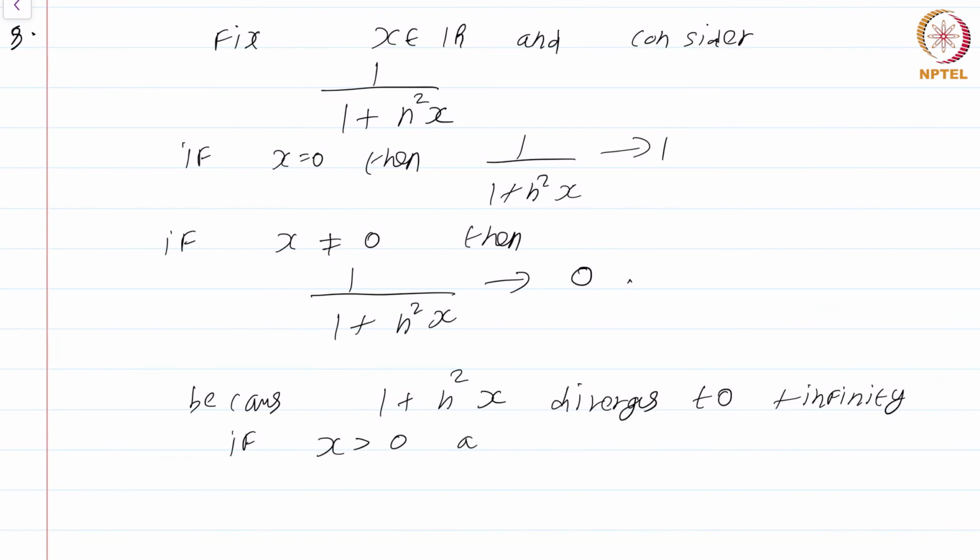And, well, I have not formally defined what diverges to minus infinity is, but let me just loosely use this: it diverges to minus infinity if x is less than 0. Because of this, we immediately get that 1/(1 + n^2 x) must converge to 0 if x is any number other than 0.